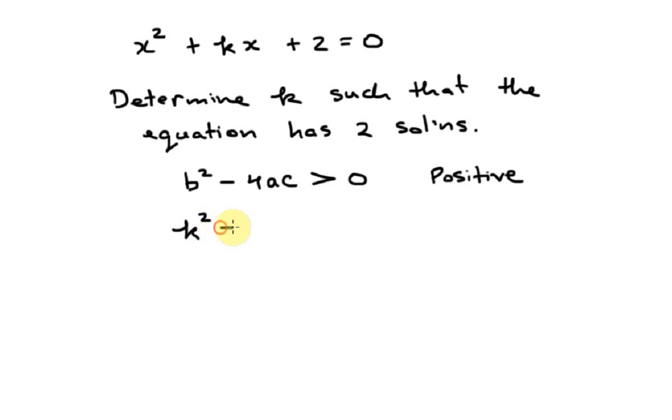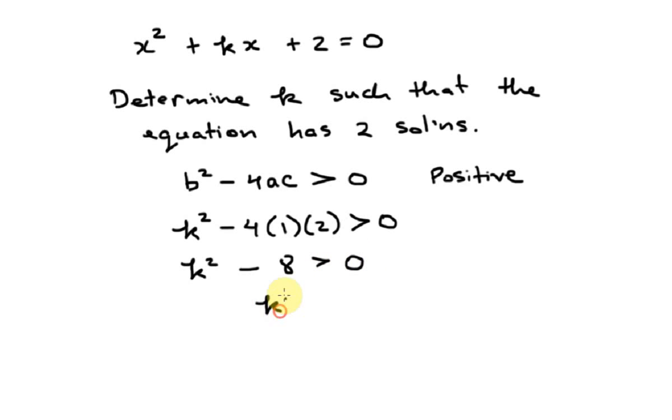So I got k squared minus 4 times a is 1, and c is 2. Now we want this to be positive or greater than 0. So if I just keep going here and solving, I got k squared minus 8 is greater than 0. Now I'm going to bring the 8 to the other side. So we're looking at k squared greater than 8.